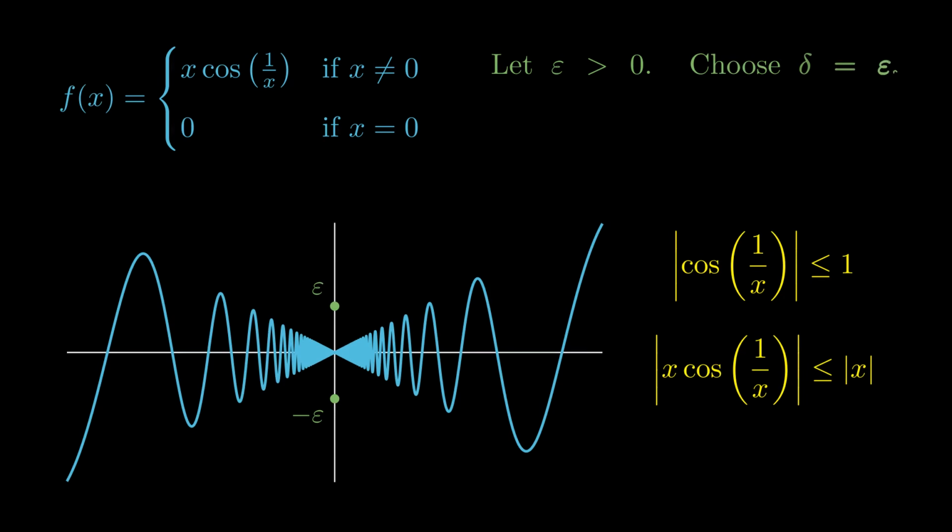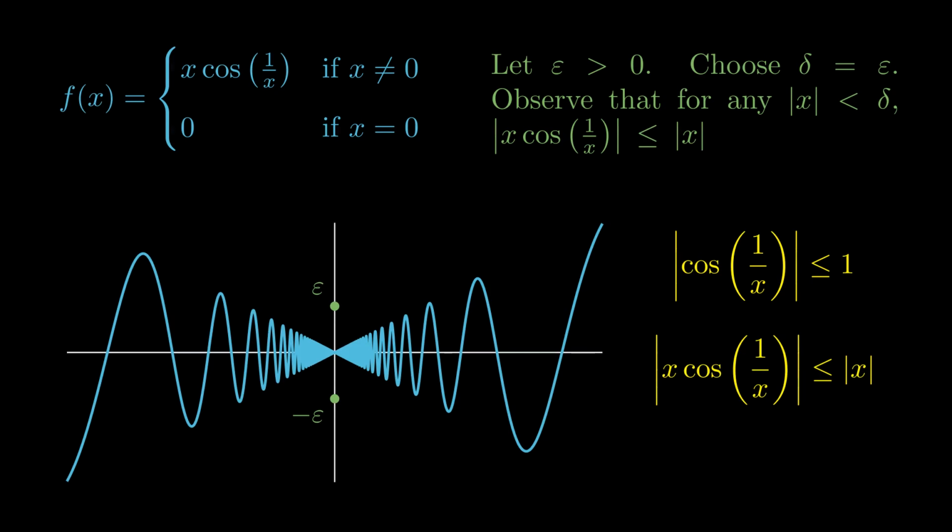So we can simply choose delta equal to epsilon, and observe that for any absolute value of x less than this delta, the absolute value of our function, x cosine 1 over x, is less than or equal to absolute value of x, which is less than delta equals epsilon. So this function is continuous at 0.